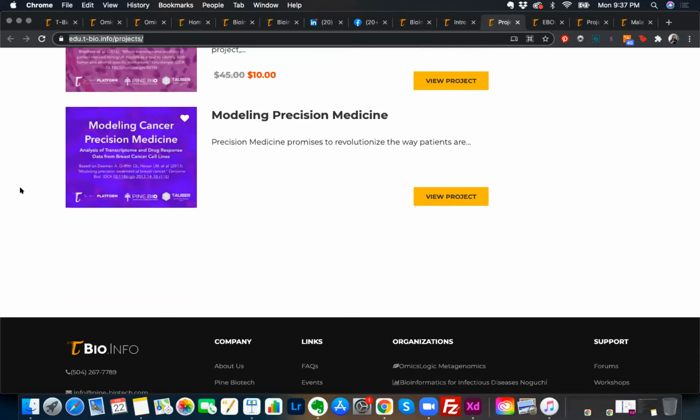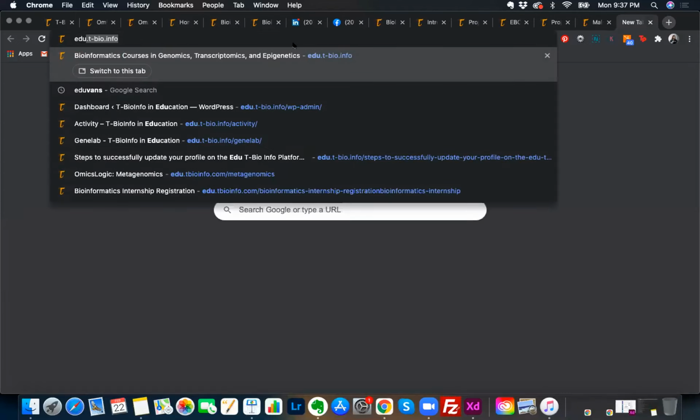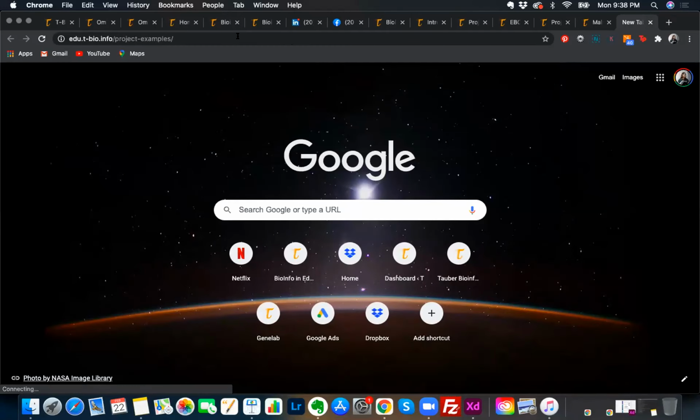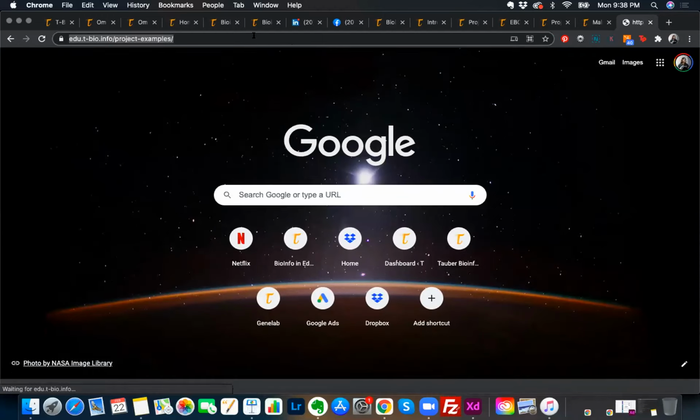And if you want to study what other participants have done in the previous program, I'm going to share with you a link to the project examples. Here is the link to project examples from our previous participants who have taken part in such training programs and have successfully done a project. Most of the participants featured in this project example page are our research fellows.